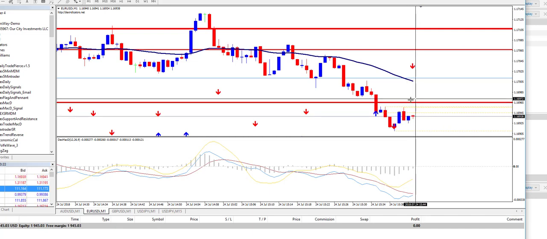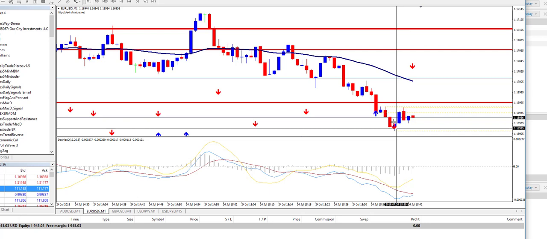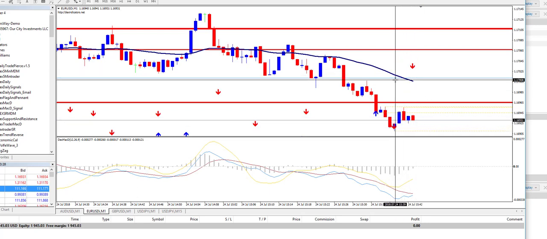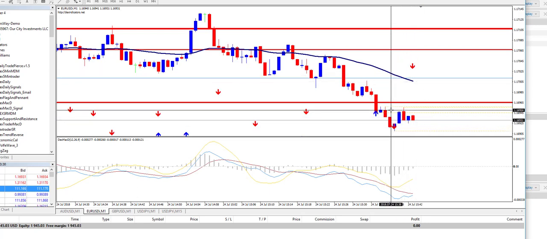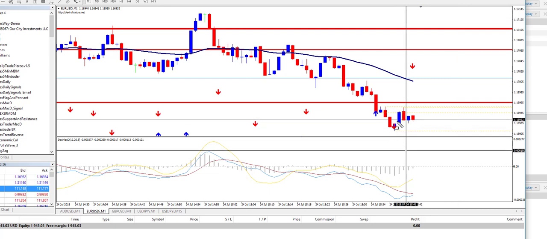Because this level's really strong, we have this arrow right here, and we have this one right here.